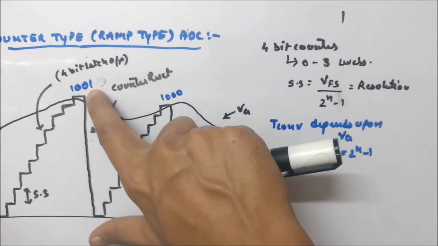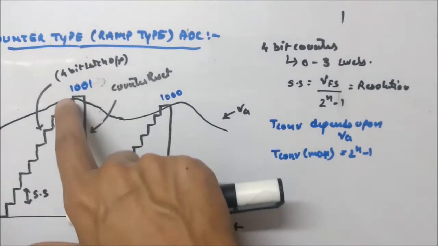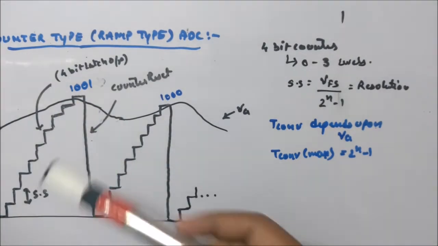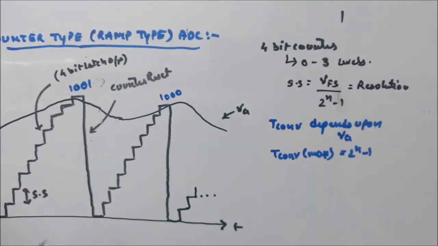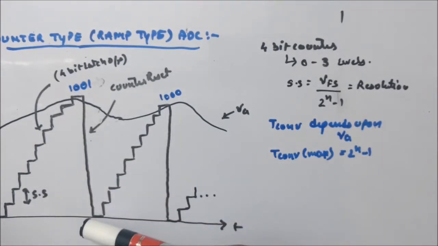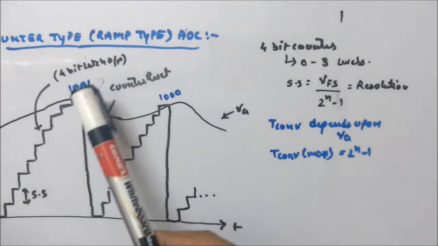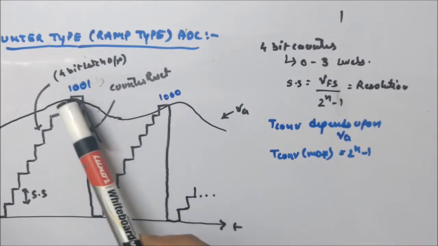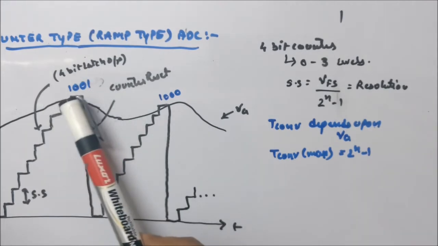until here when V minus, that is your DAC output, becomes greater than your analog input, and at that point of time your comparator shows logic low output and your counter becomes reset due to the control logic. This will come down, this is your counter reset, and at the same time the latch will latch whatever the counter output was, that is 1001.